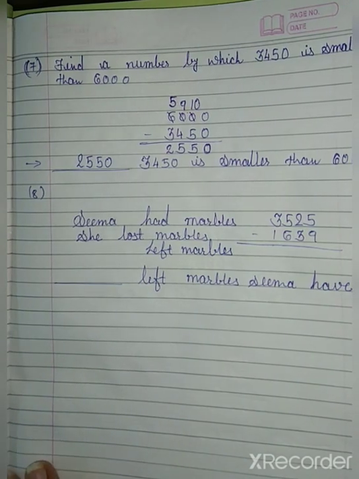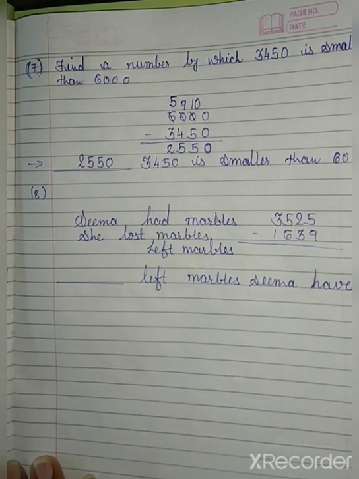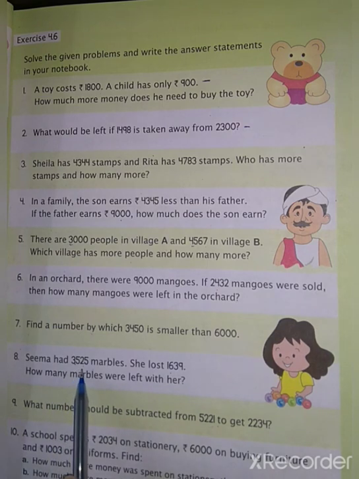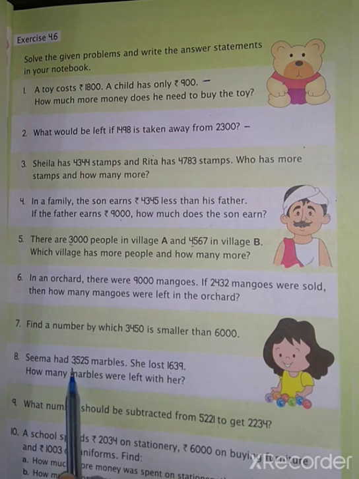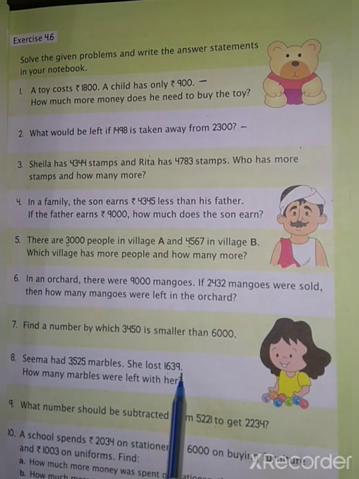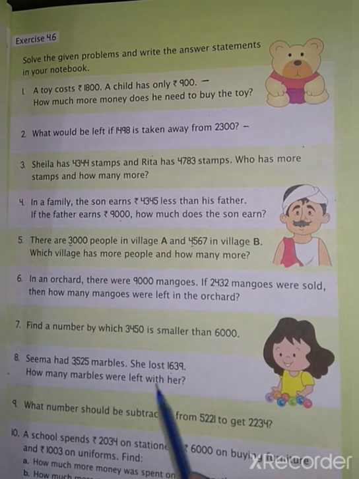Okay, now 8 number sum. First we see the definition of that. Seema had 3525 marbles. सीमा के पास कितने मार्बल्स है? 3525. She lost 1639. उसने कितने लॉस्ट कर दिए? 1639.